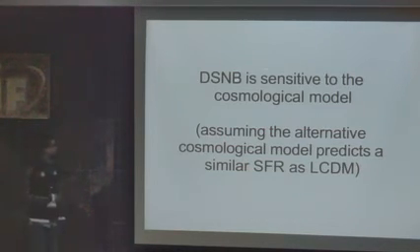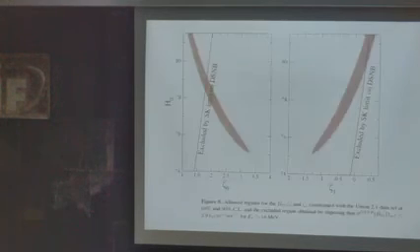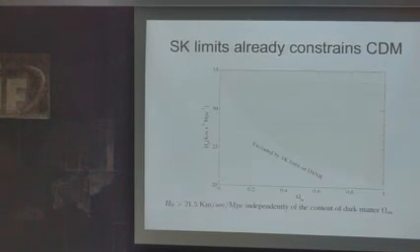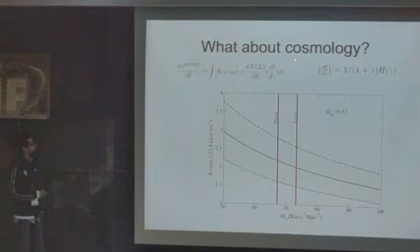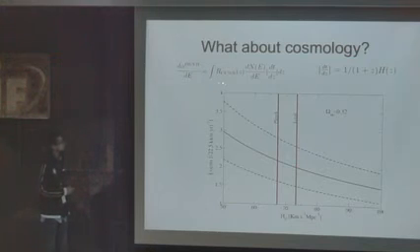But of course, we may conclude that the diffuse supernova neutrino background is sensitive to the cosmological model, but we have to be very honest in the sense that when you compute this, what we are changing is this part of the flux, but we are leaving the cosmic supernova rate as the one that is in concordance with lambda CDM.